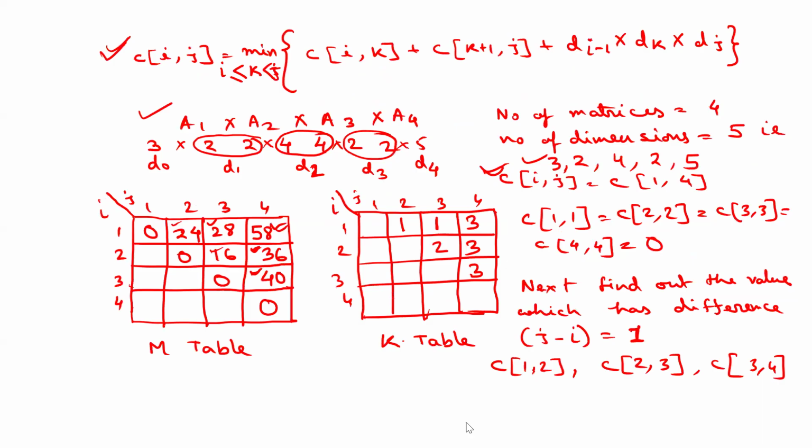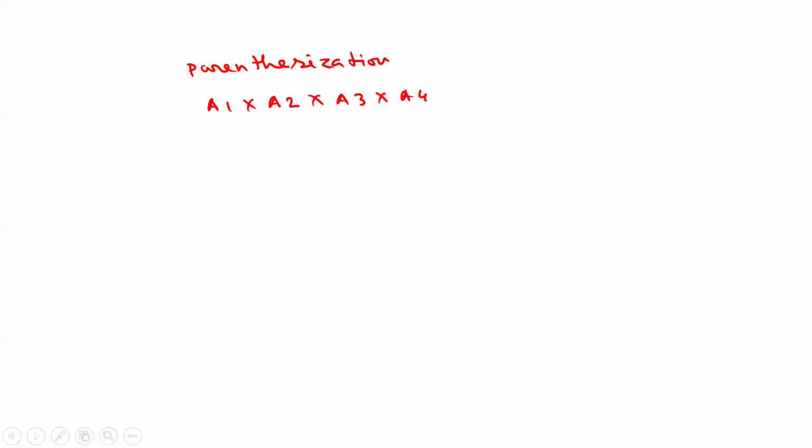Now, for the parenthesization, we check the k table. For 1 to 4, the value is 3. So we break the total multiplication at 3: A1, A2, A3, multiplied with A4.